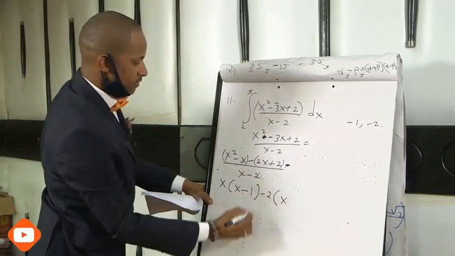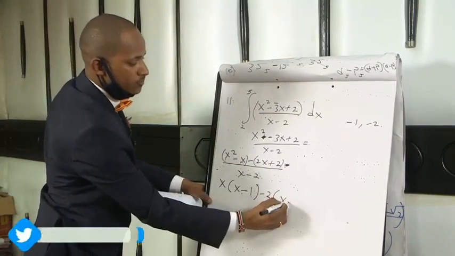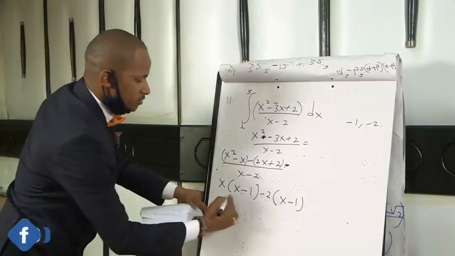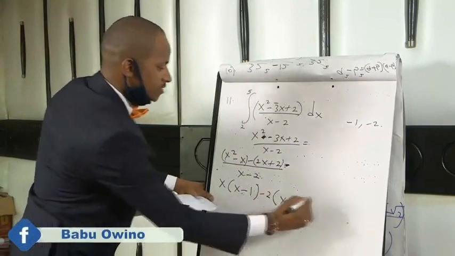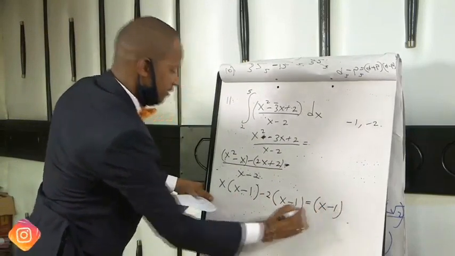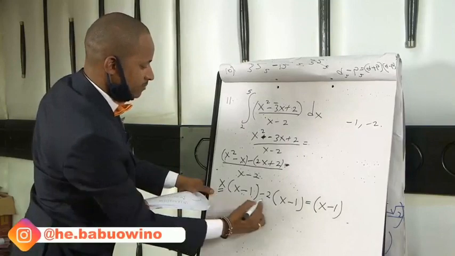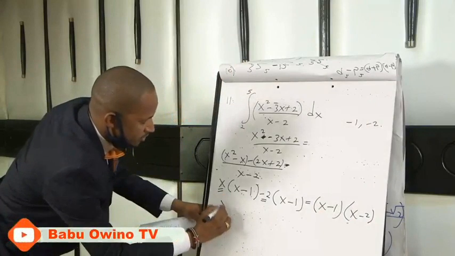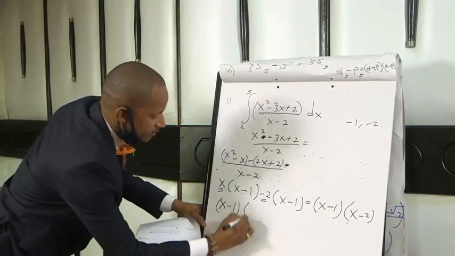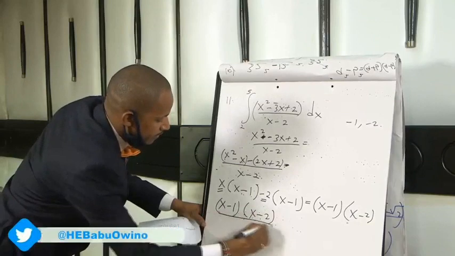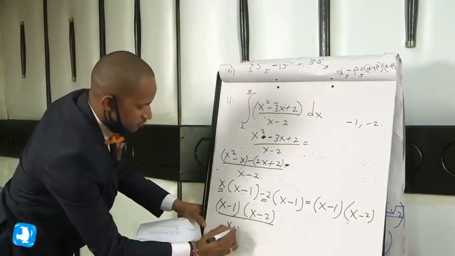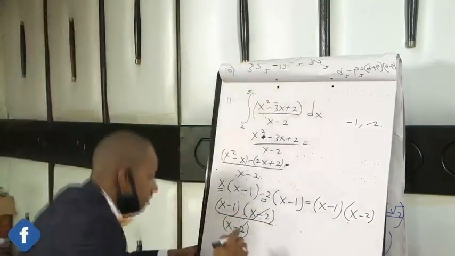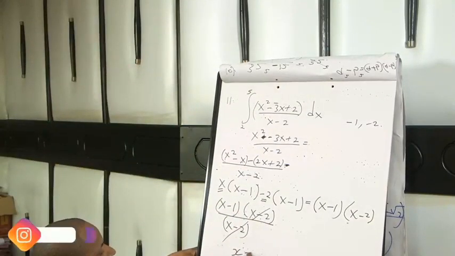X times. Then minus 2 goes into plus 2 minus 1s, minus 1. What is common to these two is x minus 1, sorry, into, you collect this x and minus 2 together also, x minus 2. So we have our equation simplified as x minus 1 into x minus 2 divided by x minus 2. So this x minus 2 and this x minus 2 go. So the equation that we have simplified is x minus 1.